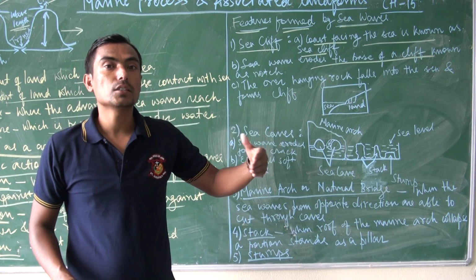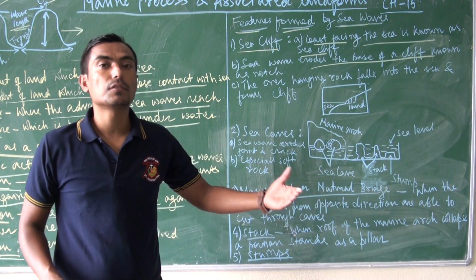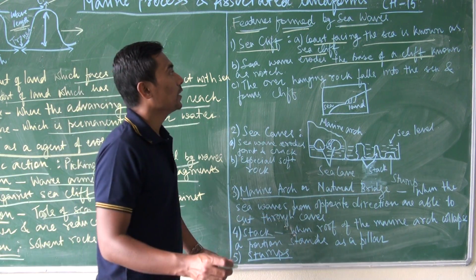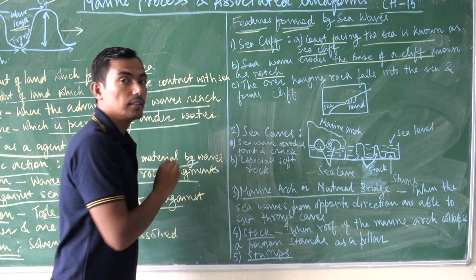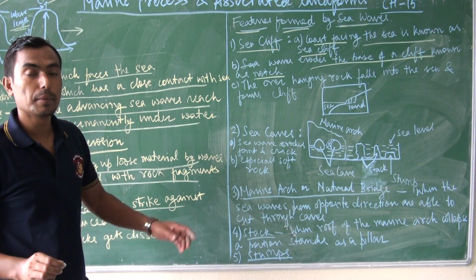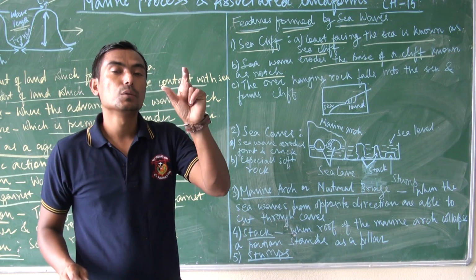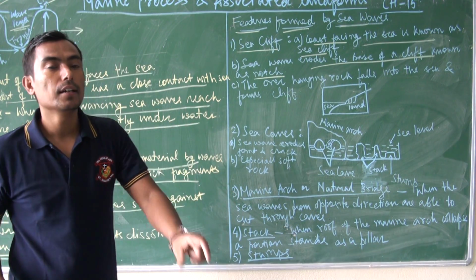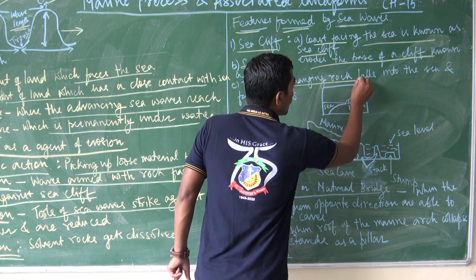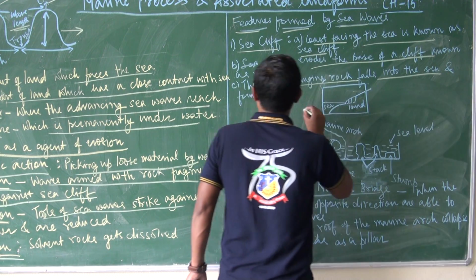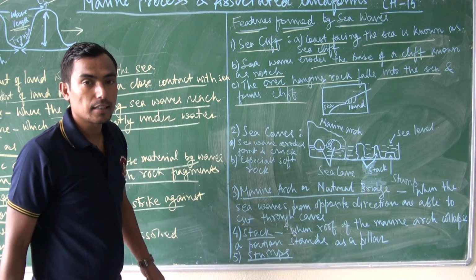When continuous erosion takes place at the base of the sea cliff, it is known as a notch. It means that the particular area which has been eroded by the sea wave is called a notch. Now, the overhanging rock falls into the sea and forms a sea cliff.